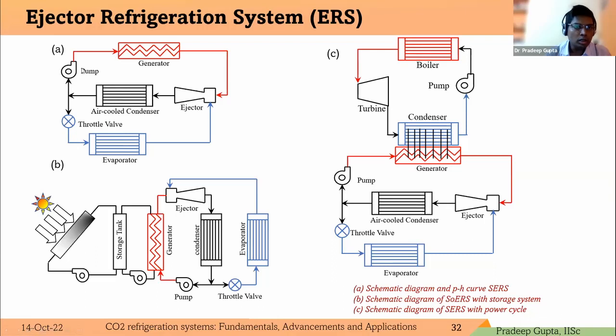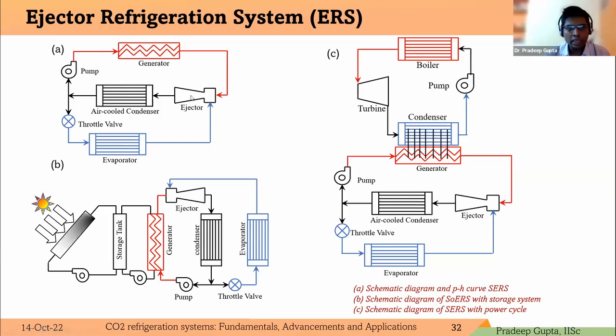To the high pressure liquid, we can provide low grade energy or waste heat to produce high pressure gas. That enters the ejector as the primary fluid, and the secondary fluid comes from the evaporator.